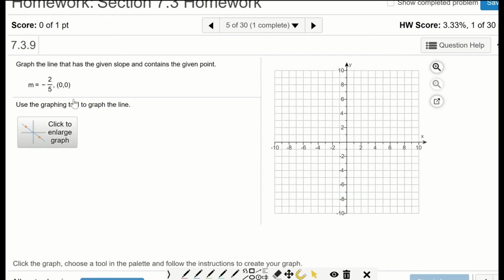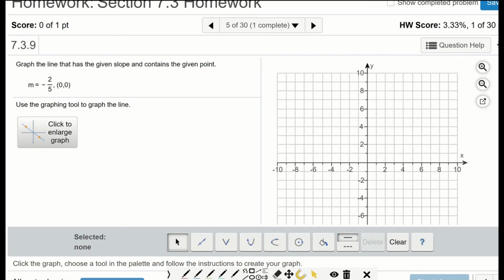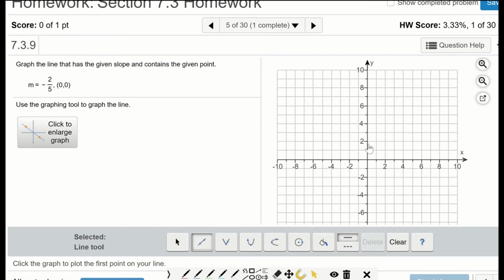So this one looks a little bit different, but it works the same way. Notice the y-intercept is 0, 0, so we're going to start there. Actually, let me bring up the line tool. So 0, 0. Then we're going to listen to the slope, right?